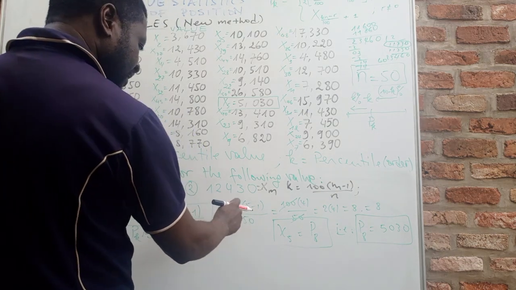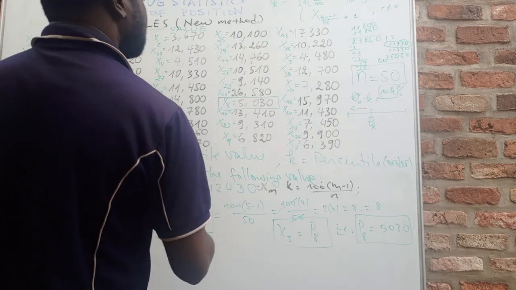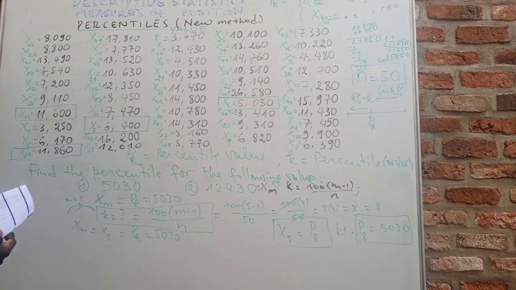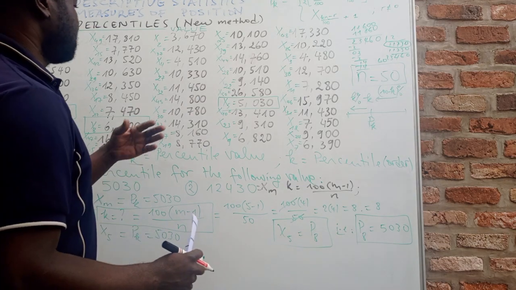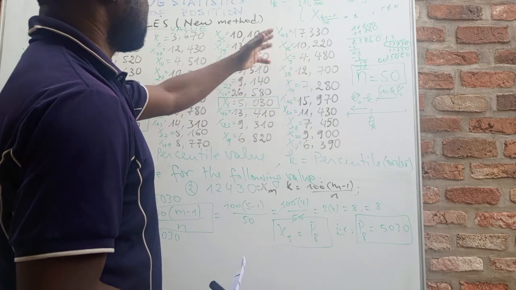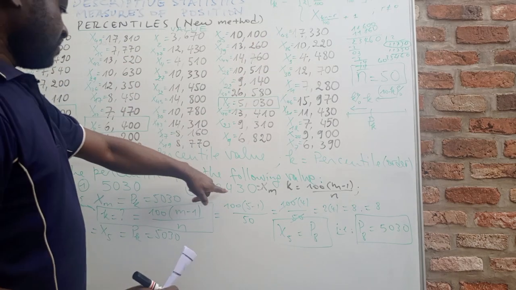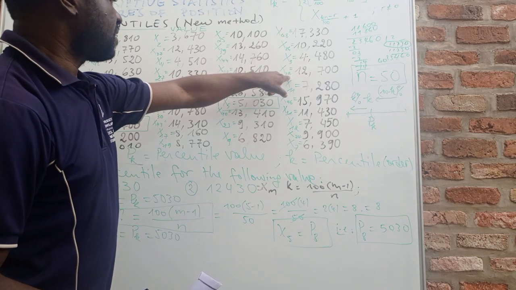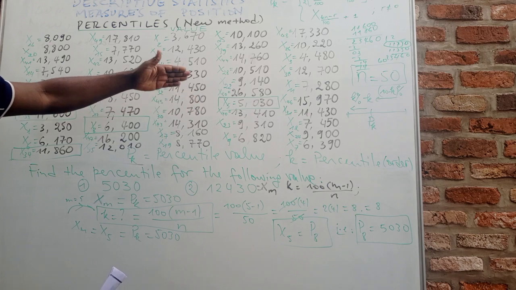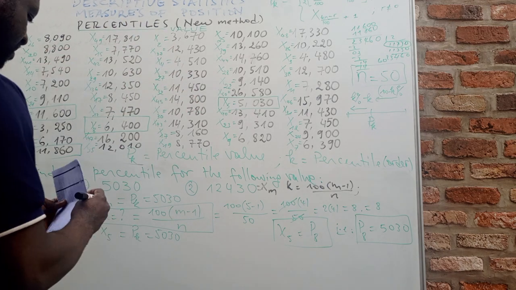So here we have 12430. If you look at numbers with 12, it is in the 30s or 40s. 30s, okay. 1, 2, 4, so it is less than this. 1, 2, it is this one.